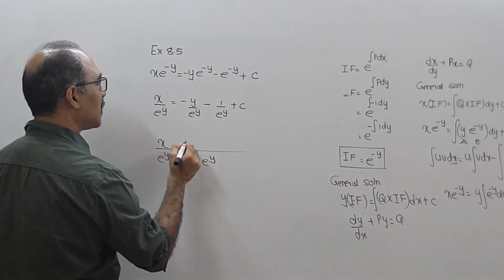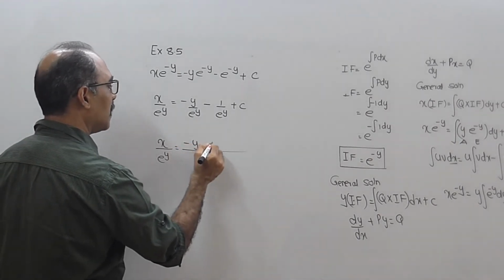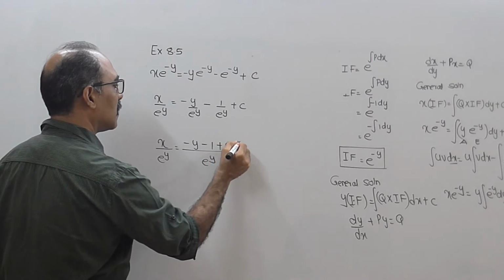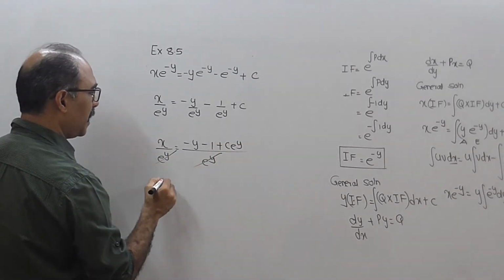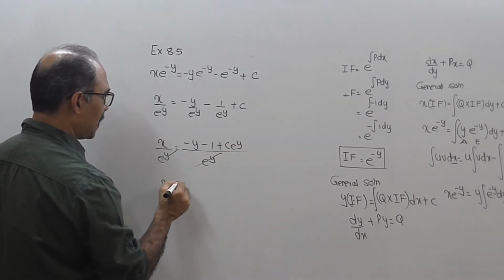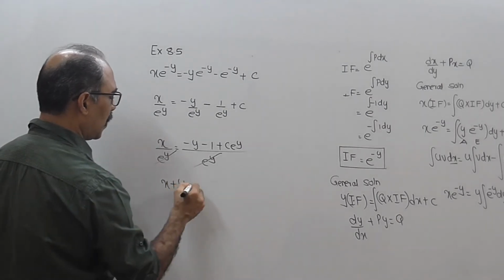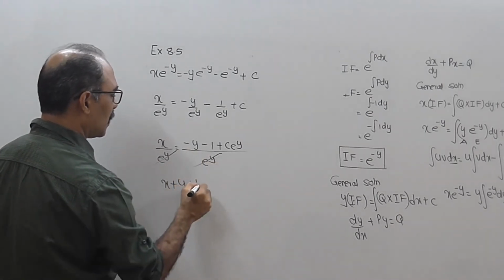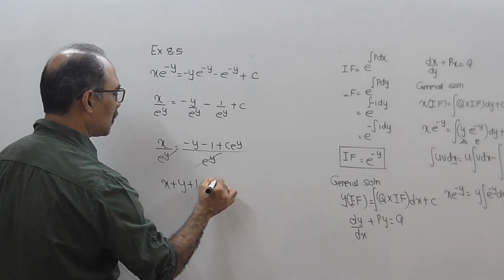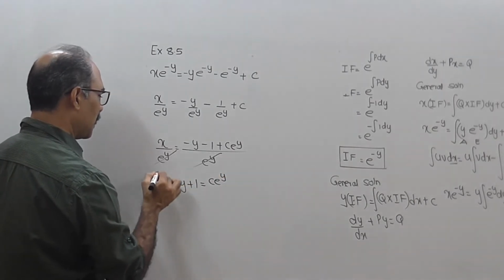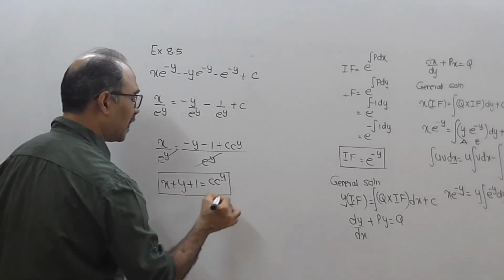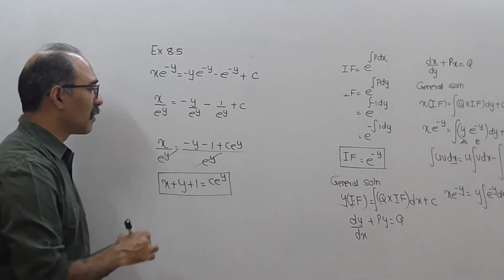Take e raised to y as LCM. You get minus y minus 1 plus c e raised to y. E raised to y, e raised to y cut. I can write this as x, bring minus y here, it becomes plus y. Bring minus 1 here, it becomes plus 1. That is equal to c times e raised to y. So this is the final answer. Okay, please make a note of this.